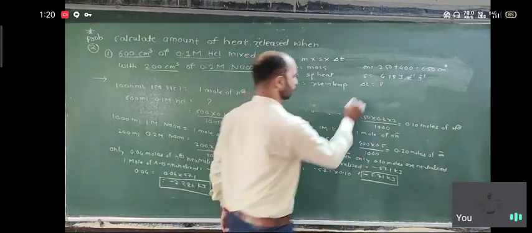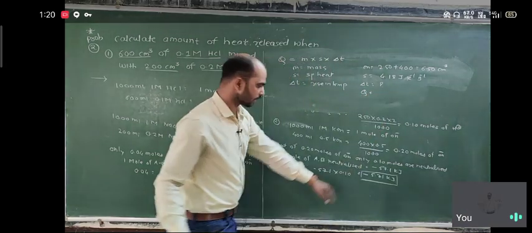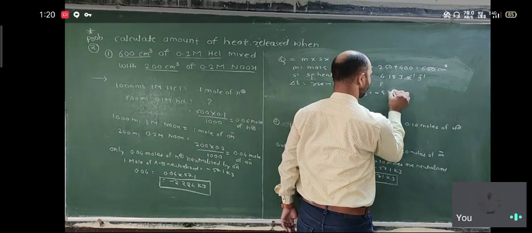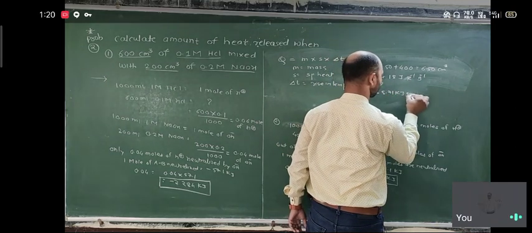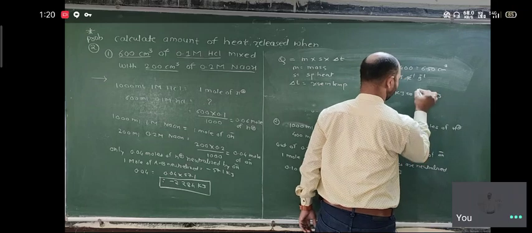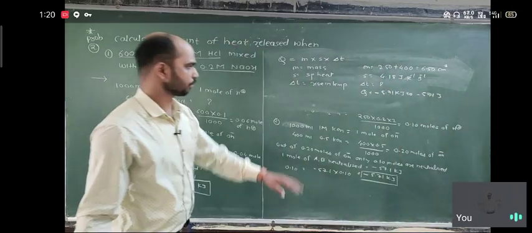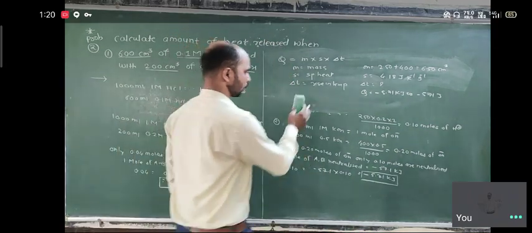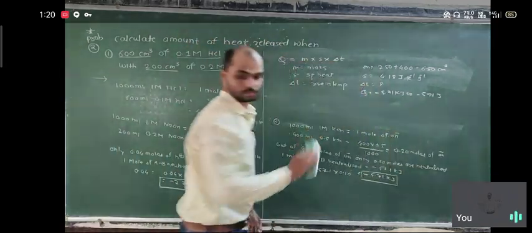We have the Q, already found here, minus 5.71 kilojoule, or minus 5710 joule, because here the specific heat is given in joule.